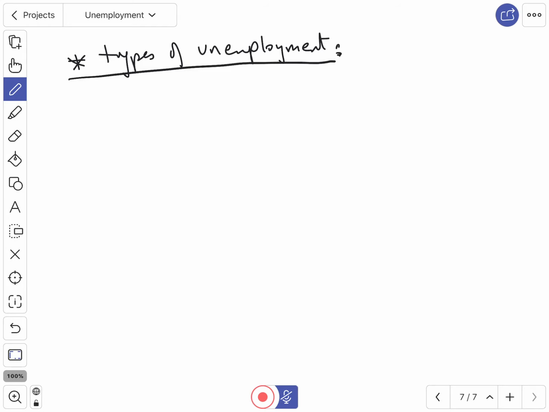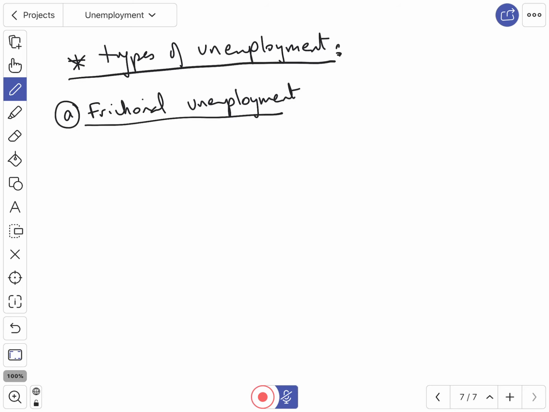One of them is called frictional unemployment. Frictional unemployment is simply a short-run problem, and it's the time you take to fill out applications, go for the interview, until you receive a job offer. So it's a short-term unemployment problem, and you can think of it as not as serious as other types.